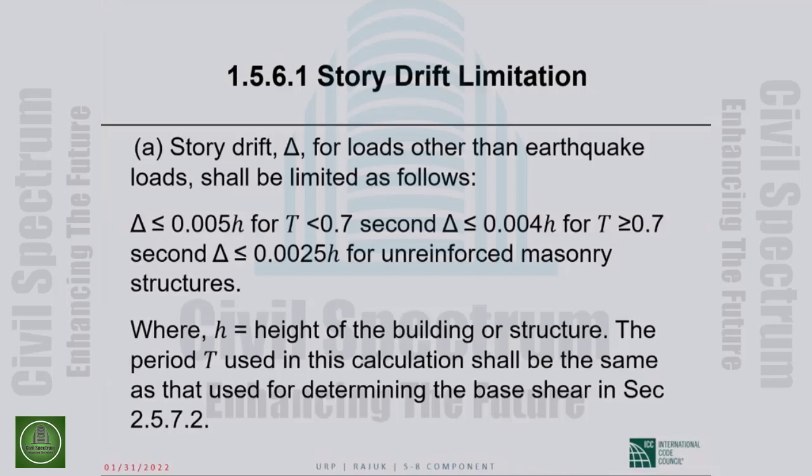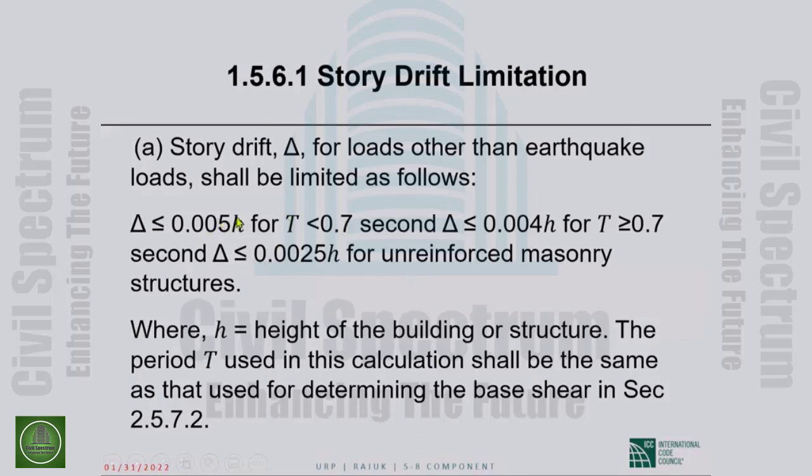So story drift delta for loads other than earthquake loads shall be limited as follows. 0.005 H. H is the total height of the building, height of the building or structure, for period T less than 0.7 second.